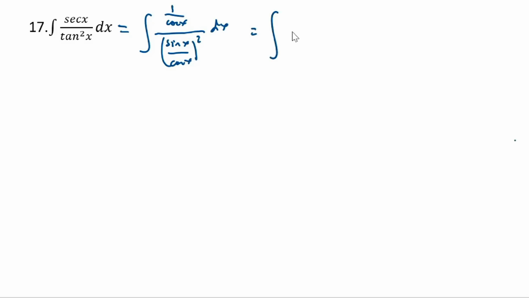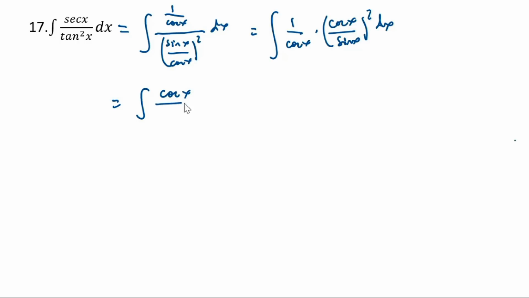Simplifying that, we can write now 1 over cosine of x times, we are going to take the reciprocal for this, so it becomes cosine x over sine of x, and then power of 2 dx. So let's do the algebra first. We have here now cosine squared x over cosine x, so we have the remaining term of cosine x in the numerator. So we have now cosine x over sine squared x dx.